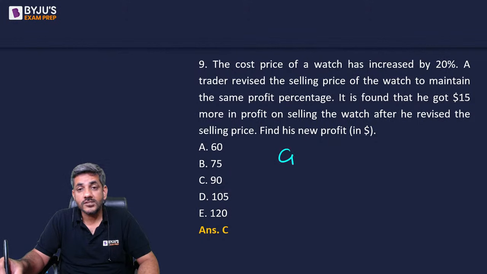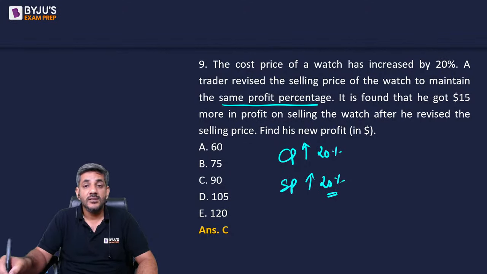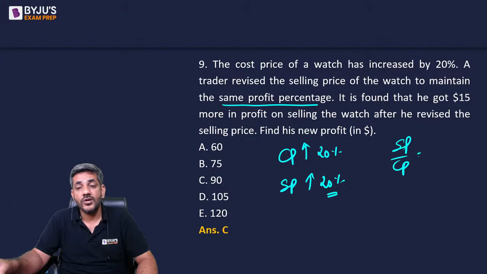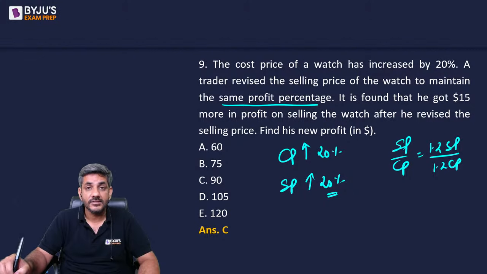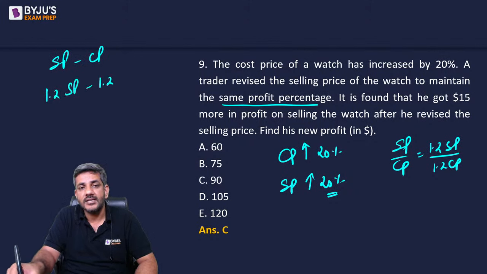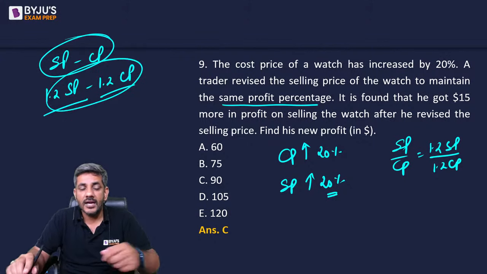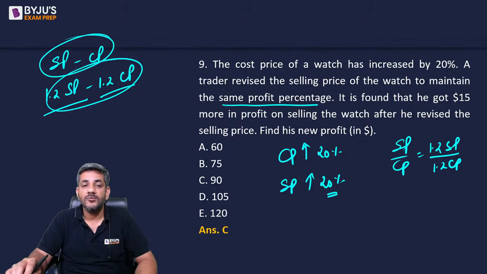I was saying if the cost price is increased by 20%, to have the same profit percentage, can I say the selling price should also be increased by the same percentage? Because this would make sure that the ratio of SP and CP would not change if they both are increased by the same percentage. And by whatever percentage they have both been increased, it will give me the same profit percentage, but the profit will also increase by the same percentage, because previously the profit was SP minus CP, and now the profit is 1.2 SP minus 1.2 CP.